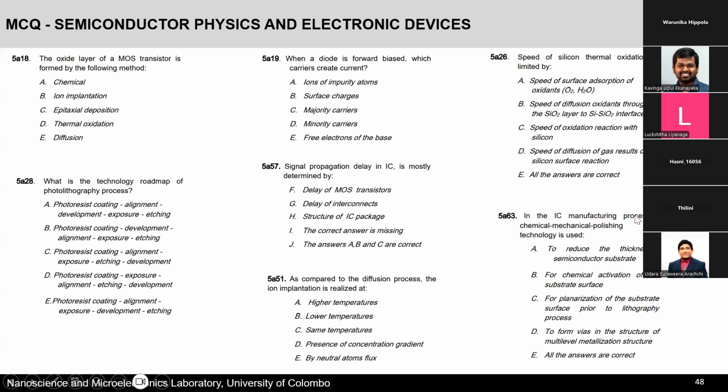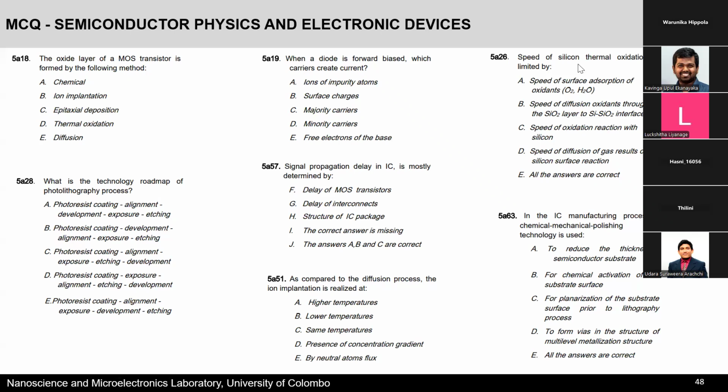In the IC manufacturing process, the chemical mechanical polish, CMP, is used to reduce the thickness of the substrate, for chemical activation, or for planarization, or to form vias. So it's either C or E where all the answers are correct. So I believe it's E. I'm not exactly sure what they're looking for here.